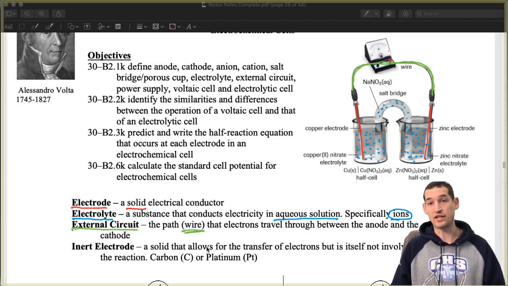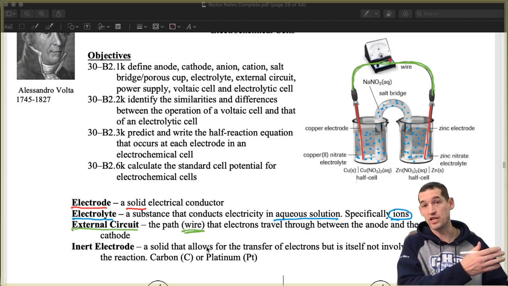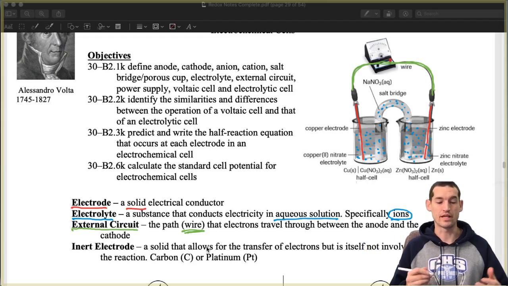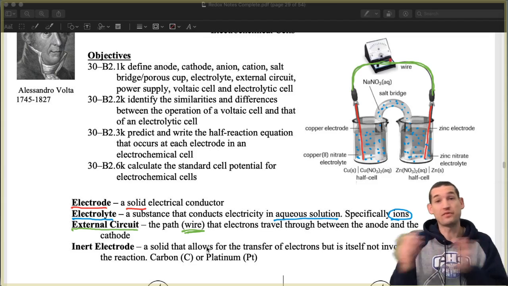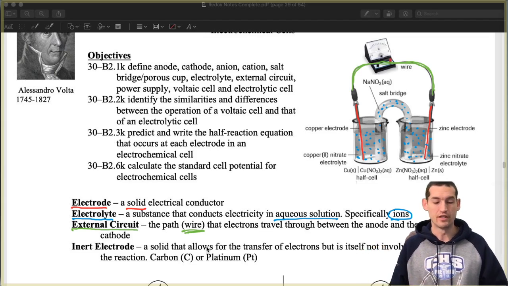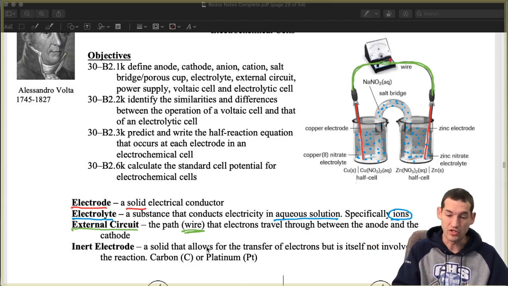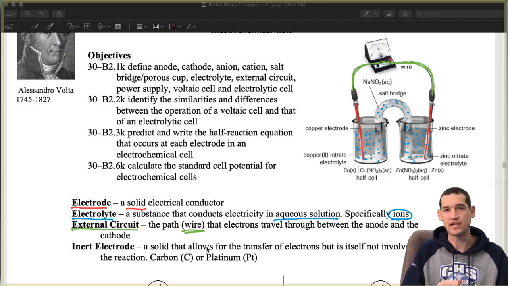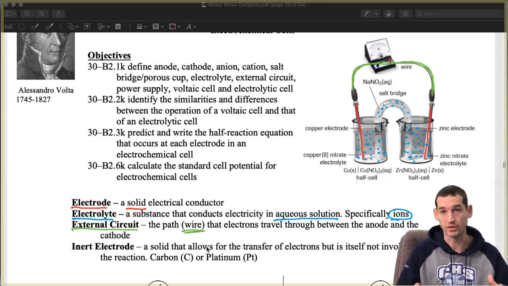But what if you had a reaction that was an aqueous ion on one side and a gas on the other, or an aqueous ion on one side and a different aqueous ion on the other side? In those cases, we have to give a solid electrode, a chunk of metal for them to use, but I don't want to give them a solid that's going to mess up the reaction. I don't want to be a stronger OA or RA than what's already there.